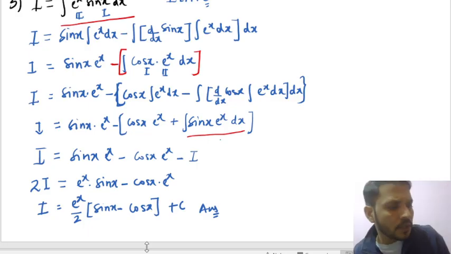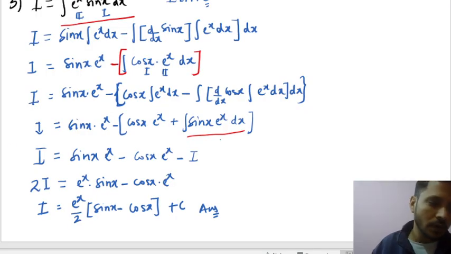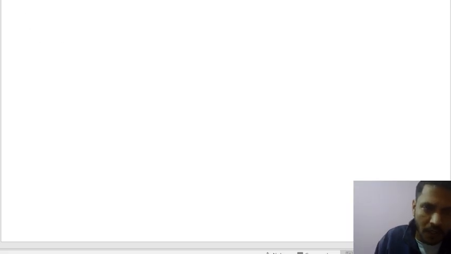Right? Now we have one more type of question, and for that we have to remember the concept or formula directly. So I will explain the concept first. Let us suppose we have been given this type of function.